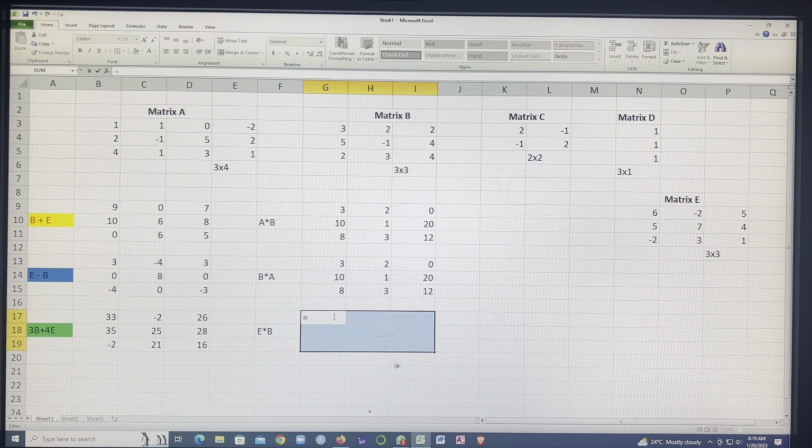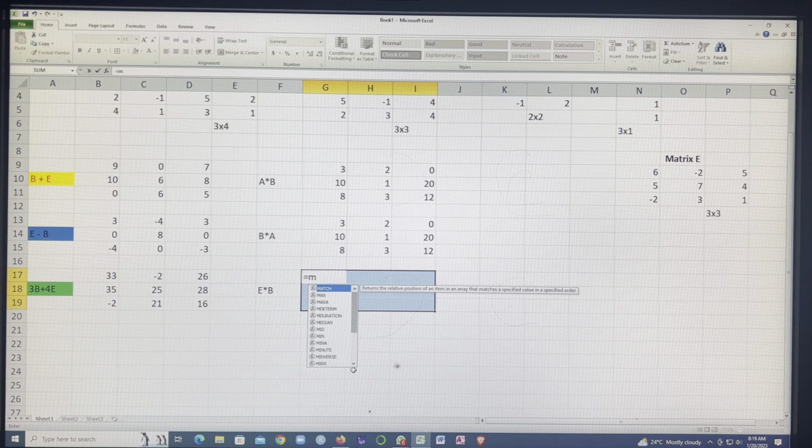Now, what if I want to go to the system? Because in the system, I got multiplication. So I say MU. So I have matrix. So I scroll down. When I scroll down here, I will see matrix multiplication. This one. I double click. It comes here, right?